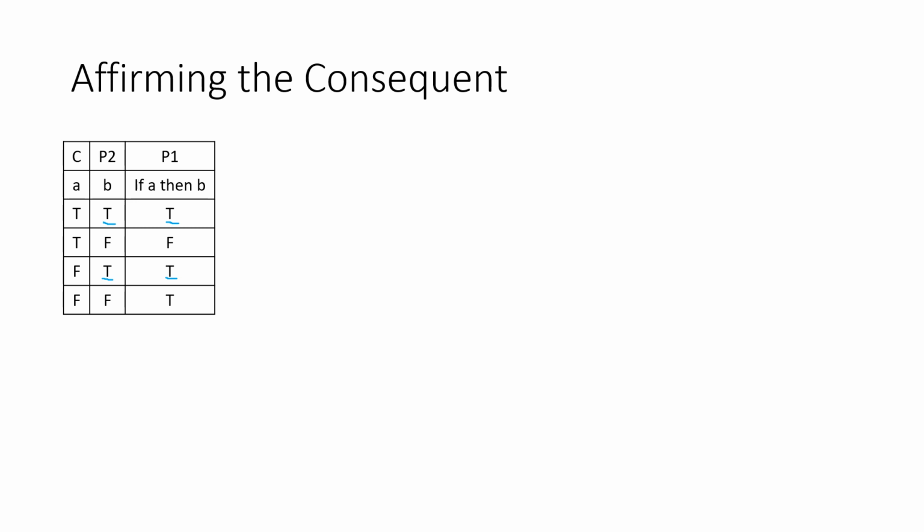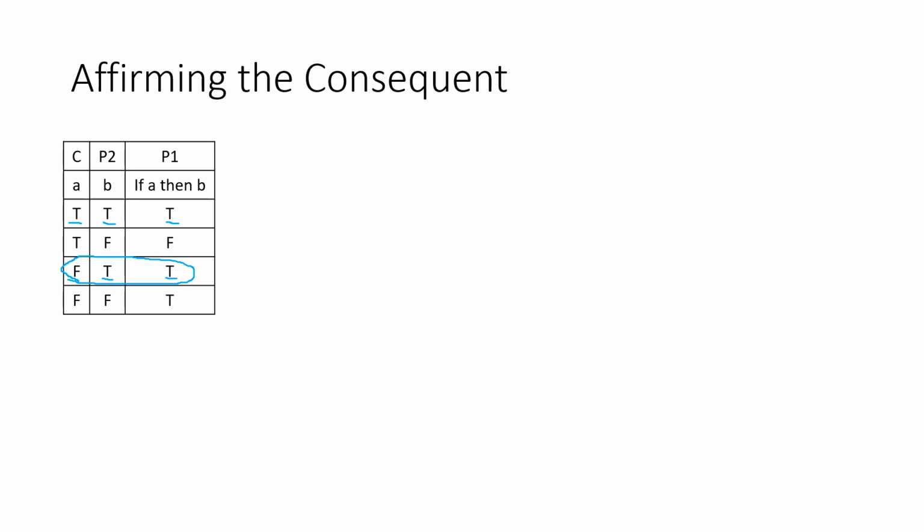Now notice on this first row, premise 1 and premise 2 end up having a true conclusion. You might say, oh, hey, that means the argument is valid. Not so fast. Here on the third row, the premises are true and the conclusion is false. If this ever happens on a table, that the premises all come out true on some row and the conclusion ends up false, that's what tells you the argument is not valid.